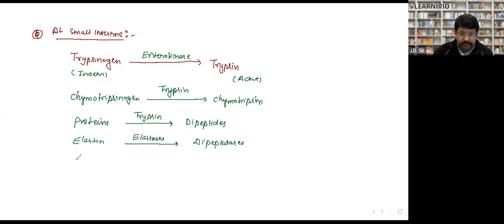Now again, the dipeptides are broken down into amino acids, the final component.